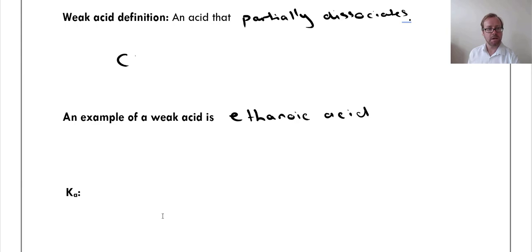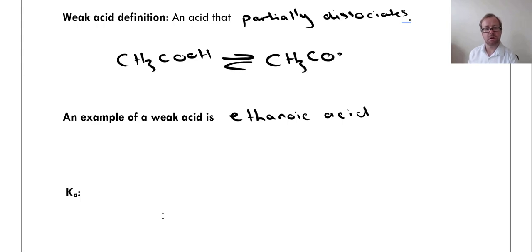I can write ethanoic acid up here. From my definition, I know that it's going to partially dissociate to produce this. Okay, we write it down so we don't get confused.